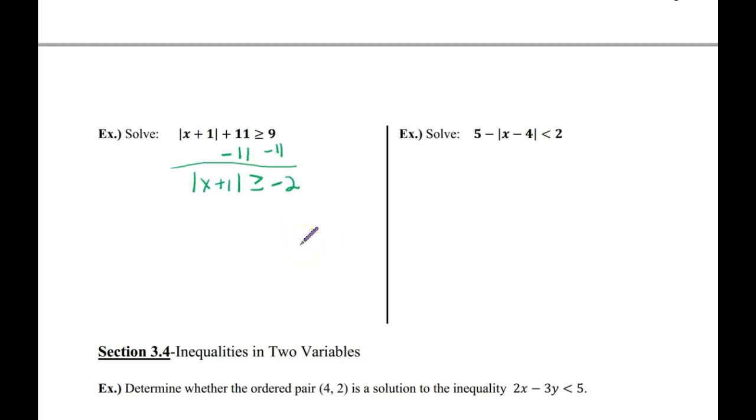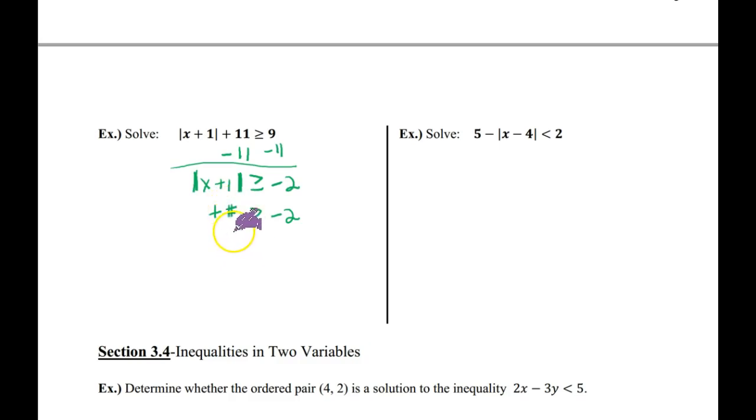Now when I look at this, I want to think about my absolute value and this negative number that I see. An absolute value will always be positive, right? So once I take the absolute value, it'll be positive. And I want to know when that's going to be greater than or equal to a negative number. So again, after I take this absolute value, I end up with something positive.